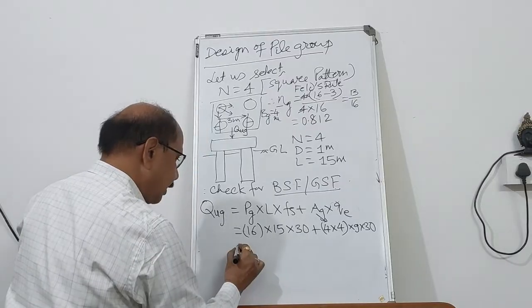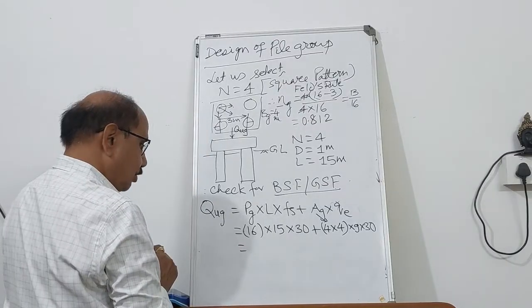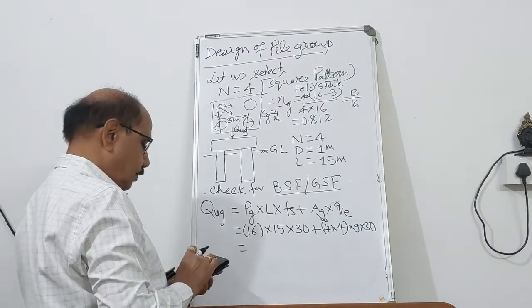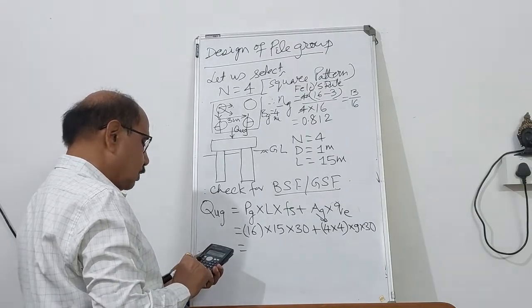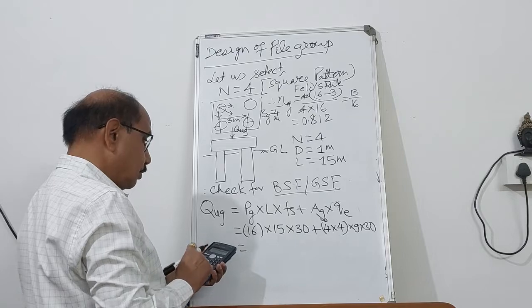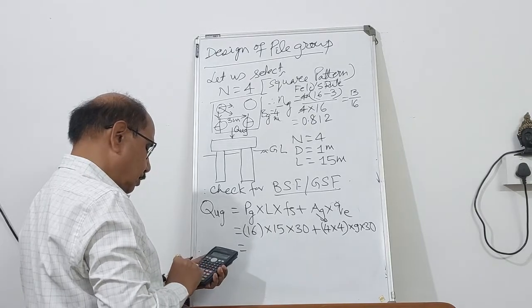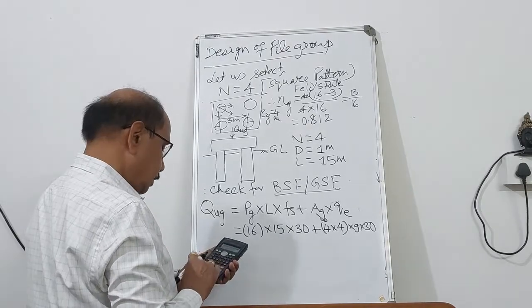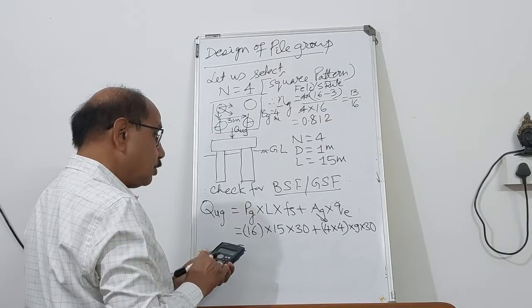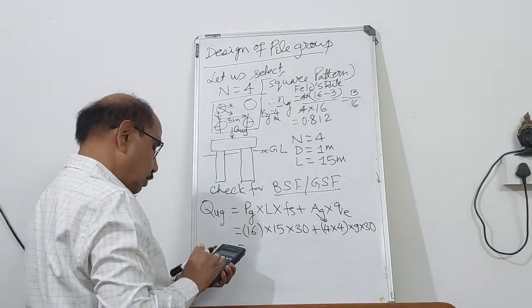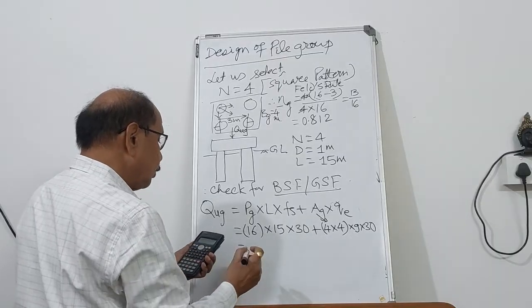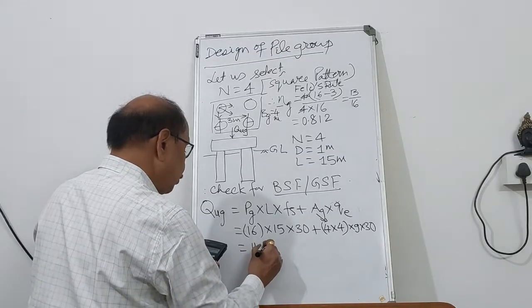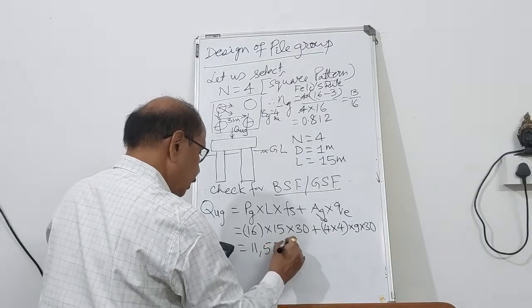So if you calculate this, we are going to have 11,520 kilonewton.